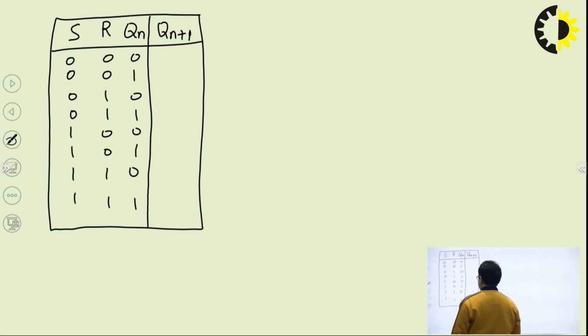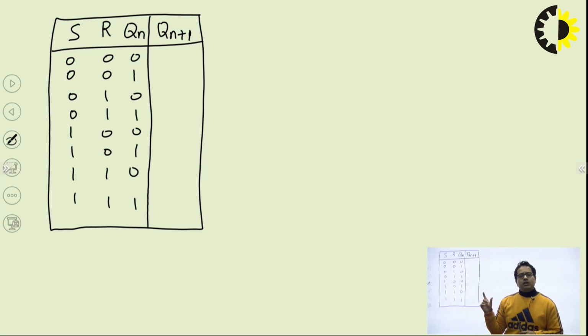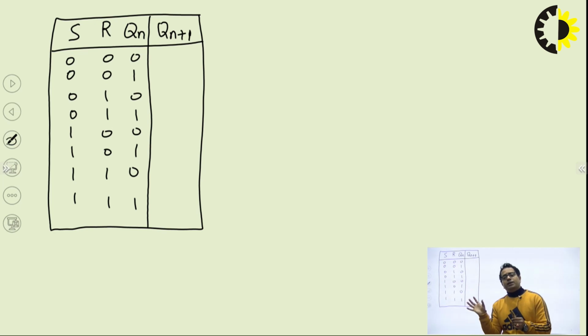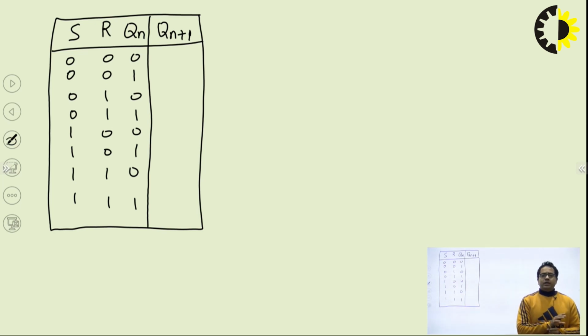Now whenever you are providing a 0 0 input to the SR terminals, just recap your truth table in your mind: whenever both inputs are 0 0, what was the output? It was Qn. That means your present normal output is holding the past output. So whatever the past value is, that will be copied at present.